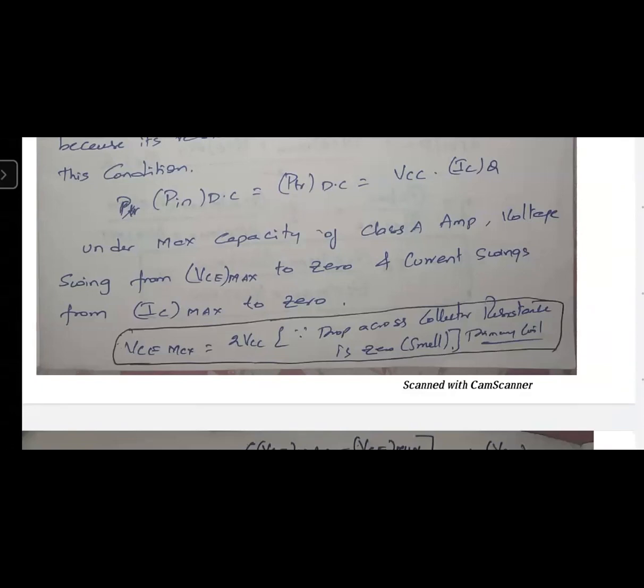Therefore, from the above figure we can write VCE maximum equals 2 times VCC. Since the drop across the collector resistance is very small, we can neglect it, or ideally assume it to be 0. That is, VCE maximum equals 2 times VCC.